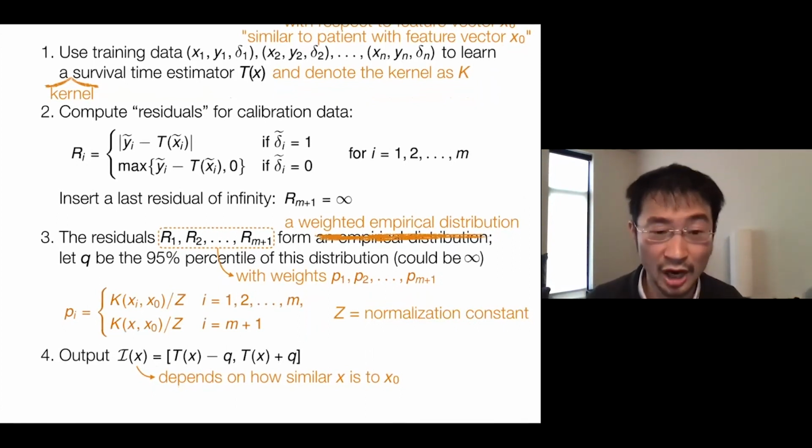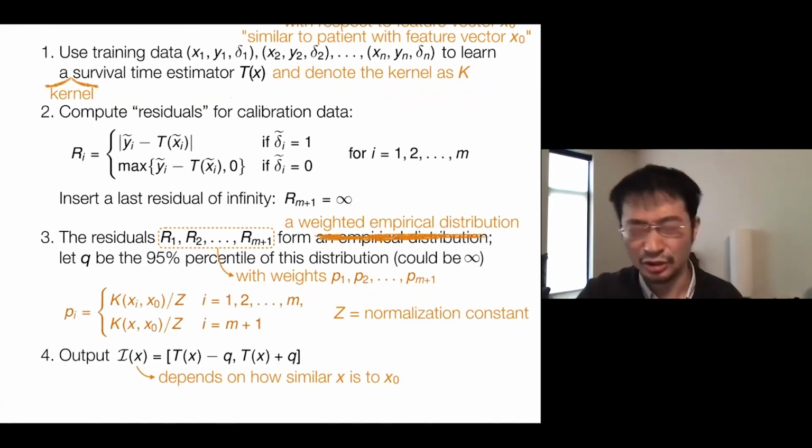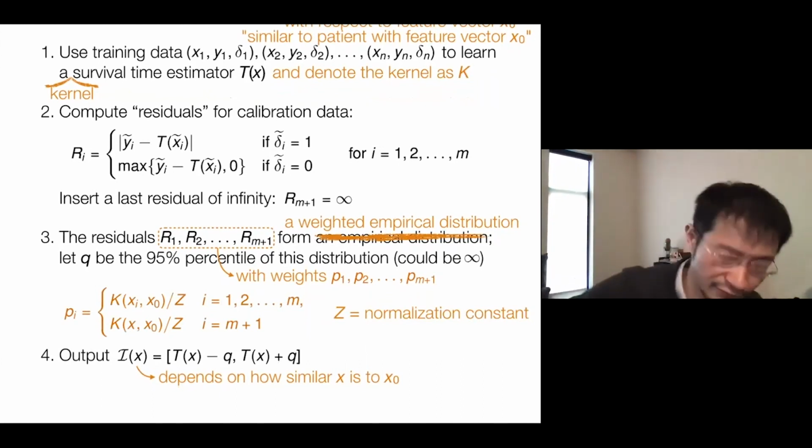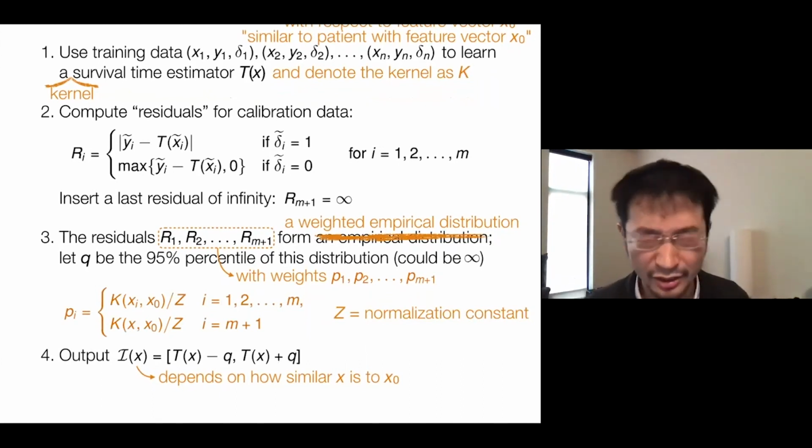In any case, you compute these kernel weights and form this weighted empirical distribution. Then, as you integrate from left to right, you look at when you finally get 95% probability mass, and that's when you stop integrating. That's going to give you the 95th percentile value.